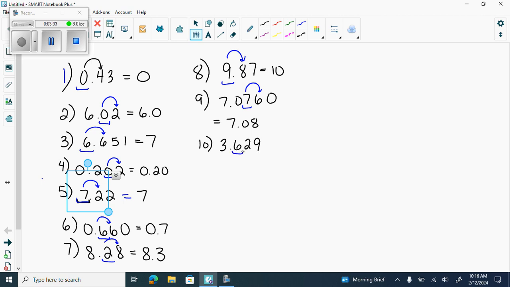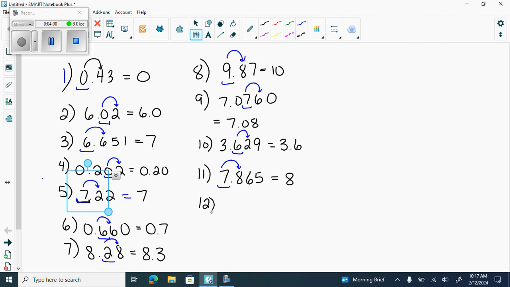So here, look one behind. 2 is not 5 or higher, so the 6 stays as 6, and I get 3.6, and the rest goes away. 11, 7.865. Whole number is a 7. I look behind it. Is that 5 or higher? Yes, so the 7 becomes an 8, and the rest goes away.